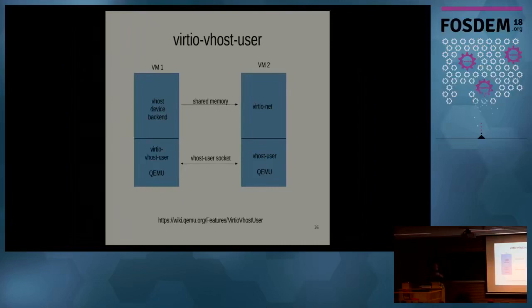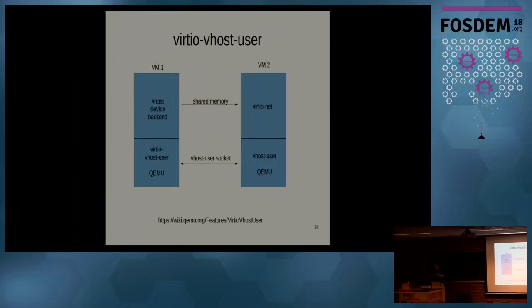Now, it's possible to reuse existing vhost user backend software with VirtIO vhost user, since they use the same protocol. A driver is required here for the VirtIO vhost user PCI device, so that code has to be written as well.